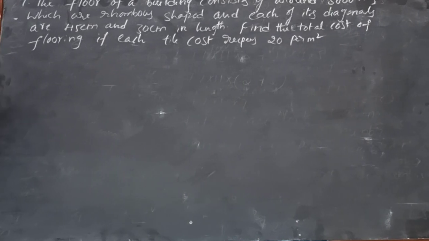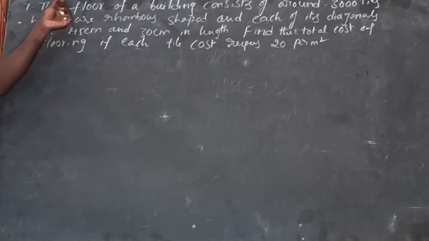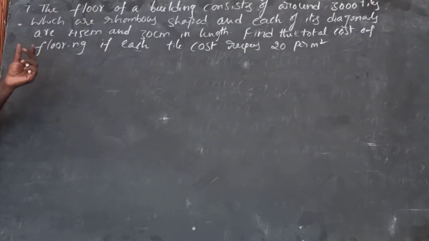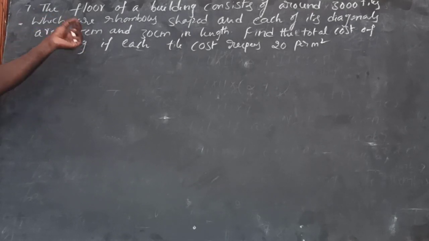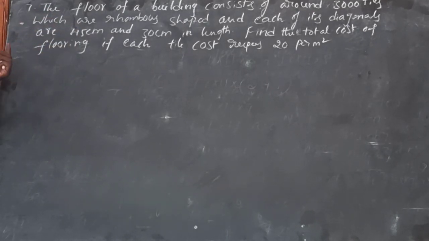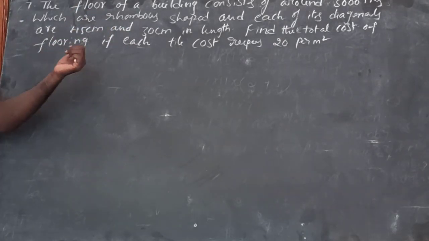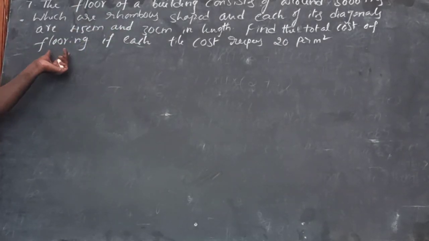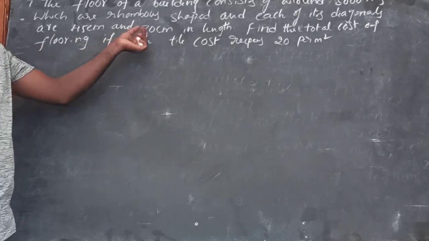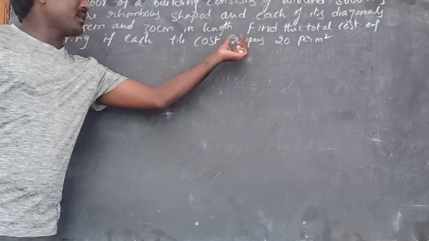So here, what is the question? The floor of a building consists of around 3000 tiles which are rhombus shaped, and each of its diagonals are 45 cm and 30 cm in length. Find the total cost of flooring if each tile costs 20 rupees per meter square.